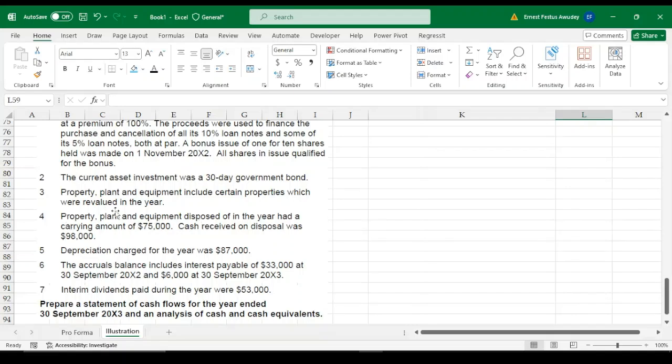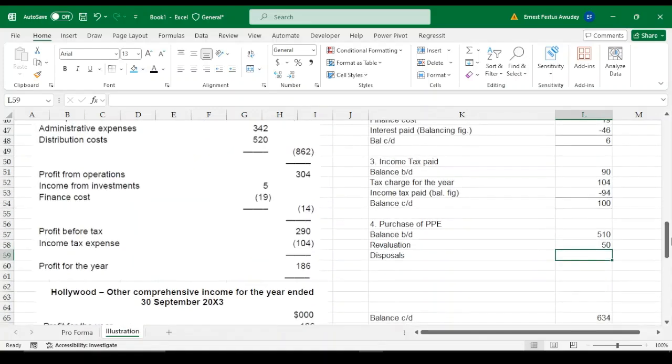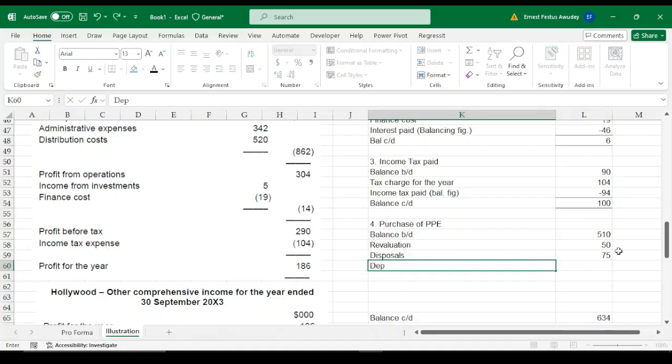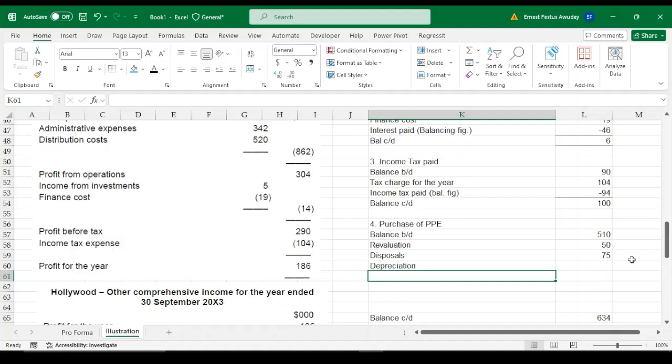For disposal, we are picking the carrying amount of the PPE disposed, only the carrying amount. All right. So take note of that. So I'll come here, and then the carrying amount is 75,000. The next item we will look at is depreciation. And we've been told in the additional information that depreciation is 87,000, which you have already looked at.